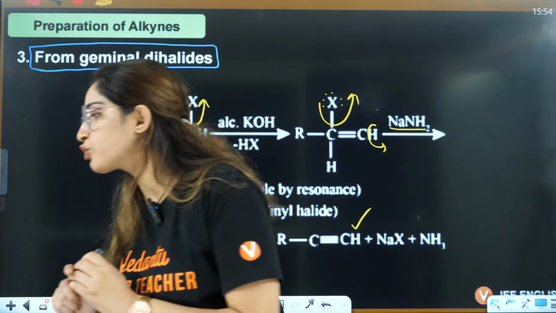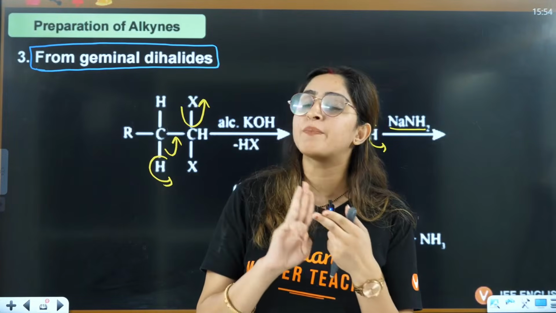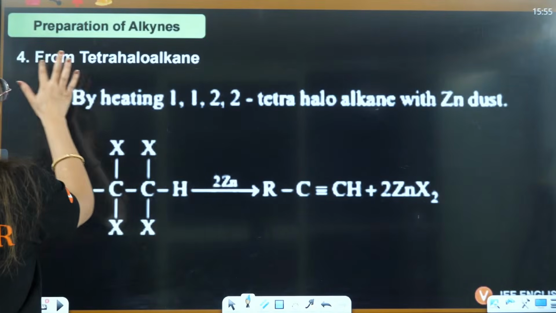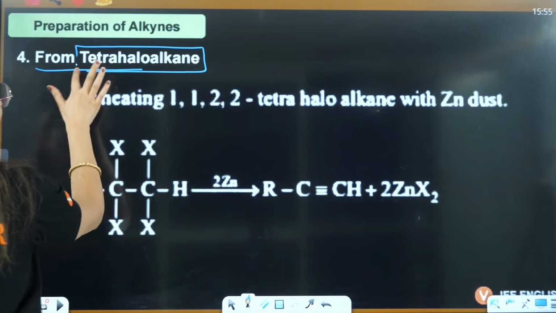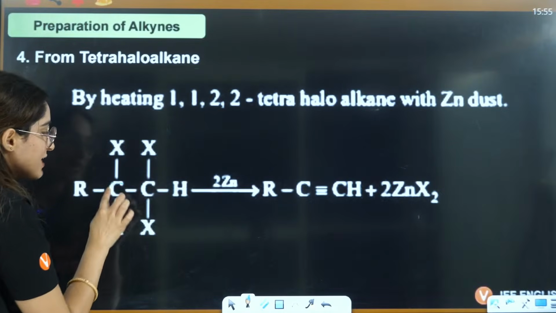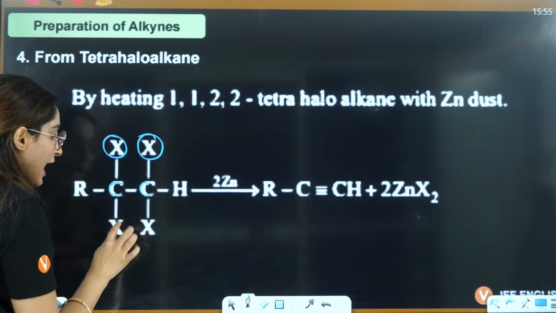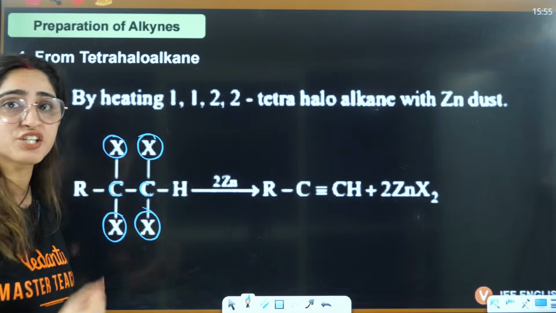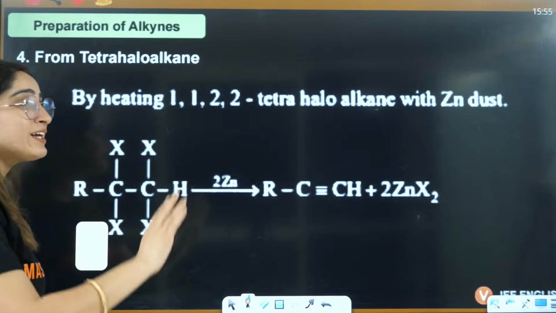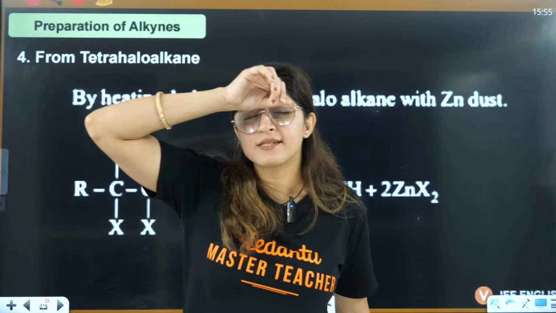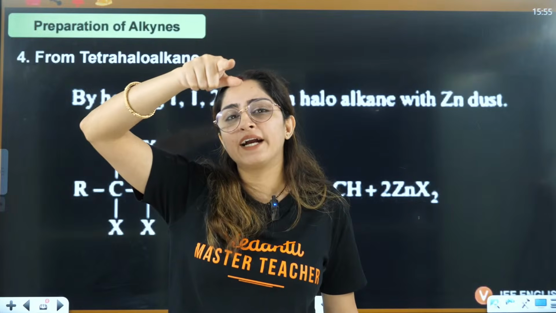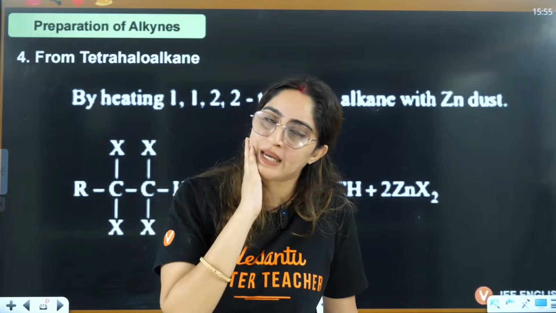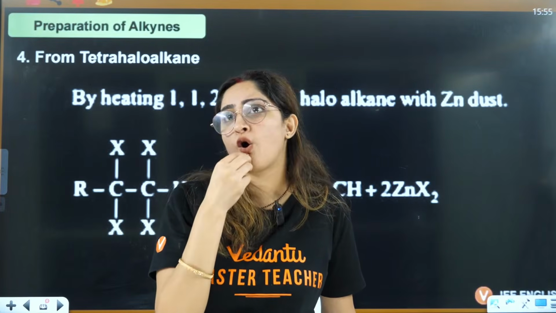We have done three preparations: geminal, vicinal. Do you want to do more? From tetrahaloalkane, that means adjacent carbons with four halogens, you need to have dehalogenation. Do you remember how we did it? For dehydration, we use concentrated H2SO4, or P2O5 or H3PO4.